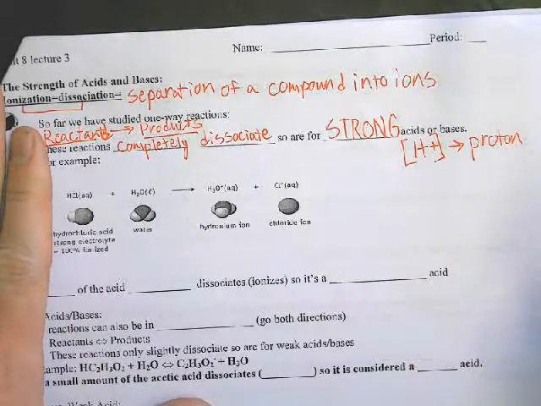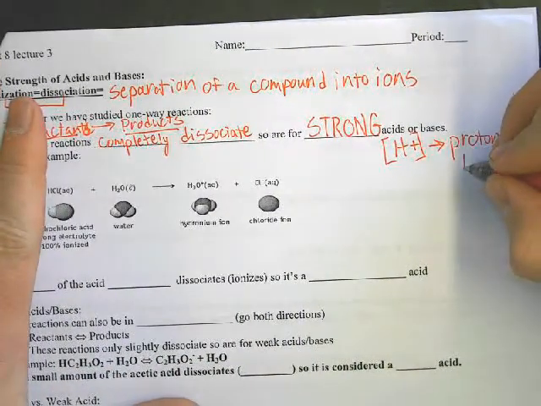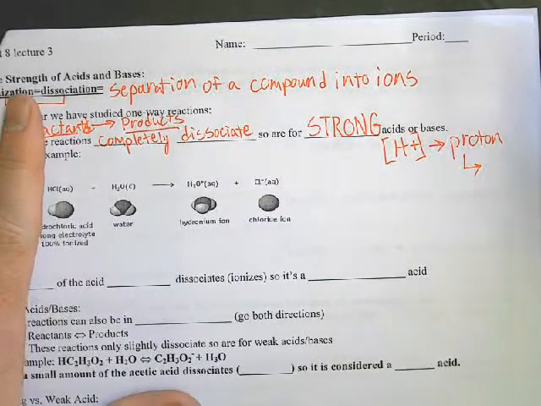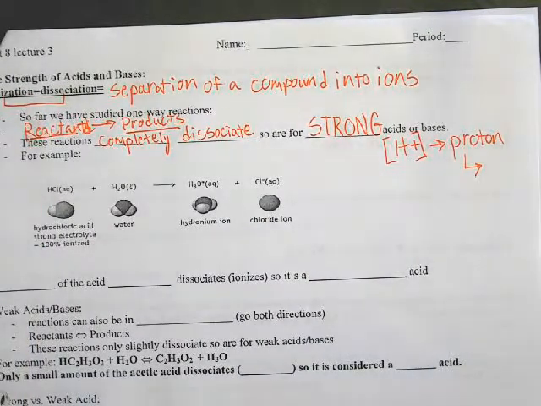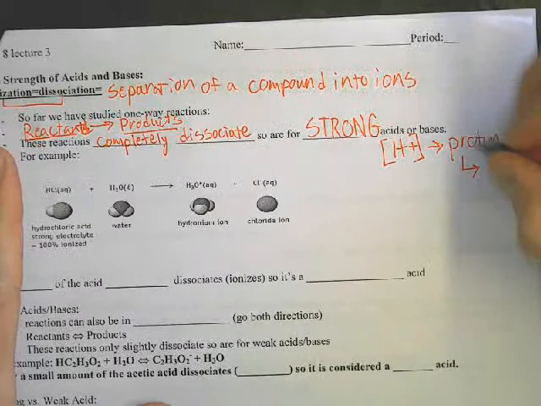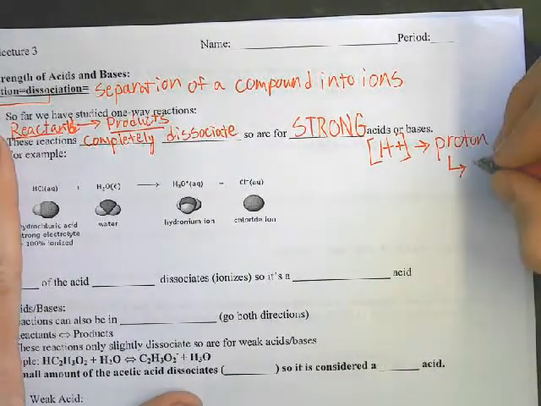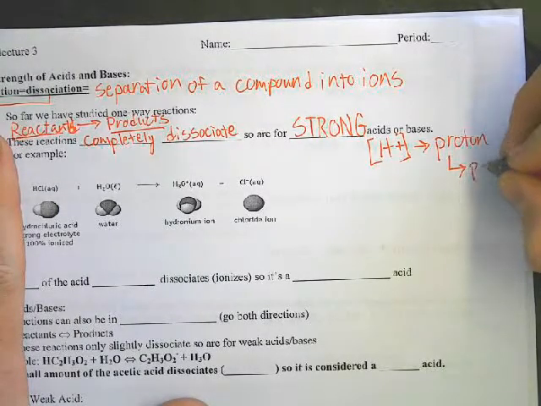H plus ions are protons. Now I gave you an analogy for protons. They're either like insects or like piranhas, things that burrow in.